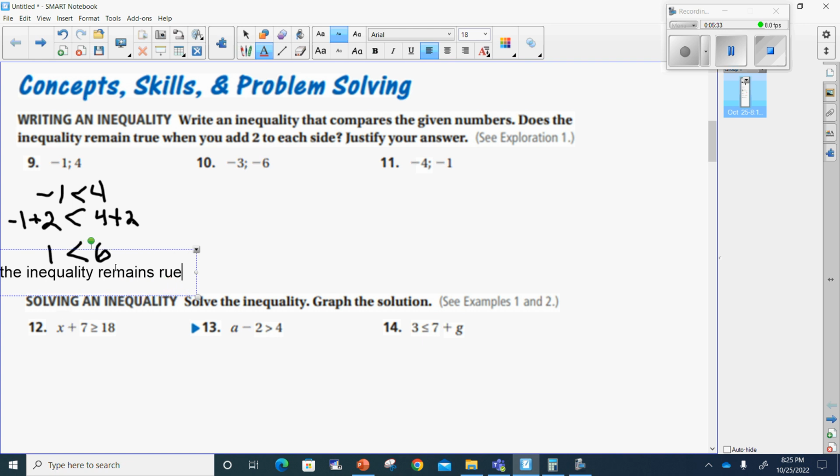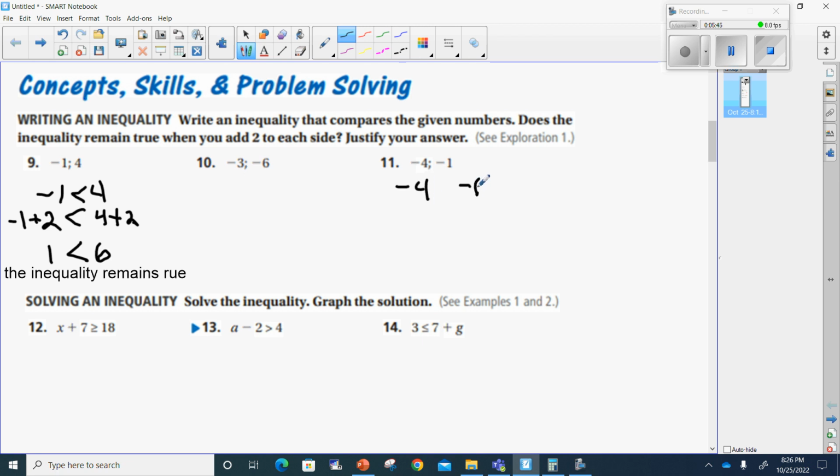All right, let's go ahead and do number 11 now. Number 11 says negative 4 and negative 1. Well, I know that negative 4 is less than negative 1, because on the number line, it's more to my left.